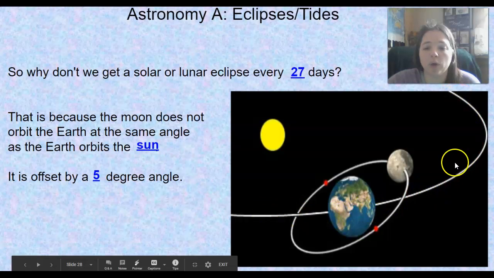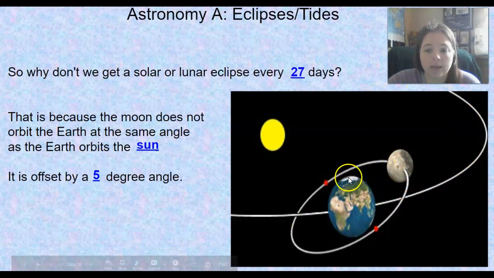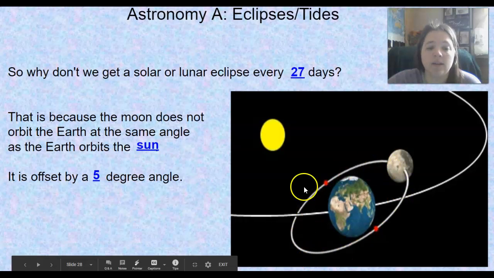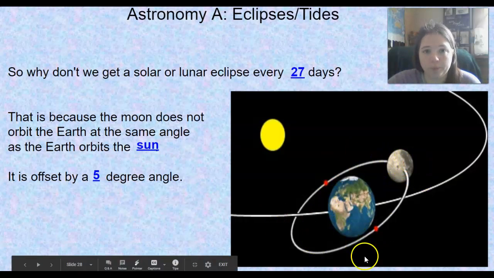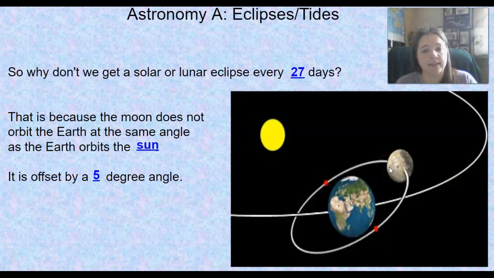This is the path we're taking around the sun, and this is the tilted revolutionary, elliptical path of the moon. It's not that the moon rotates on its axis, it's that the angle that it revolves around the Earth is tilted at a 5-degree angle. Okay? So that's why we don't always see it.